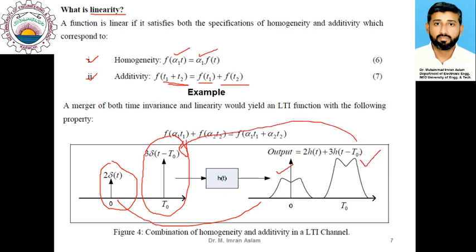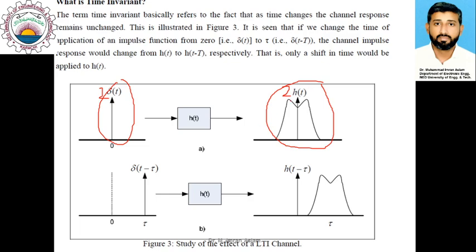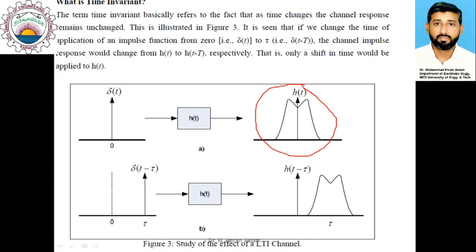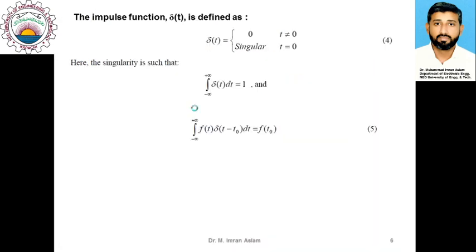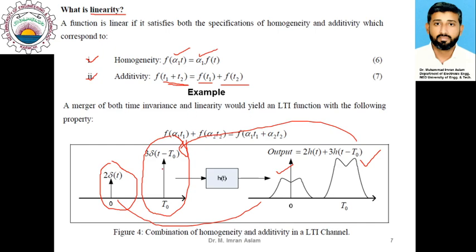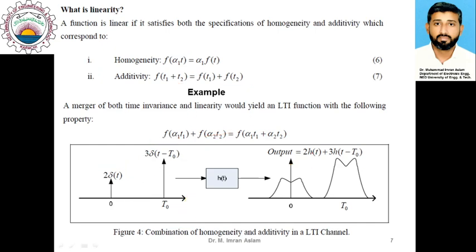From the previous diagram we can easily estimate the output. If you understand that this is the output when you apply the function delta t, then if we apply 2 delta t, the output will be the same h t multiplied by 2. So the first part is represented by this expression, h t multiplied by 2.